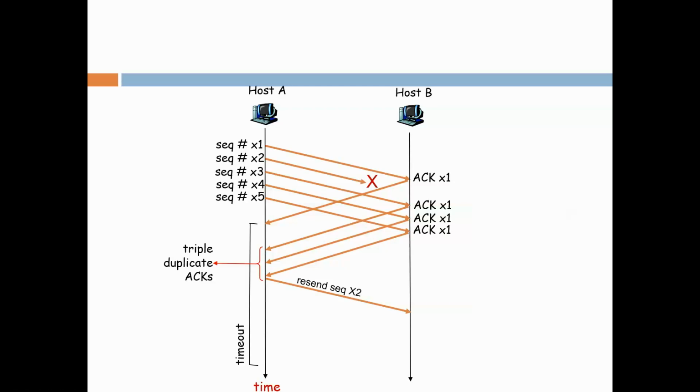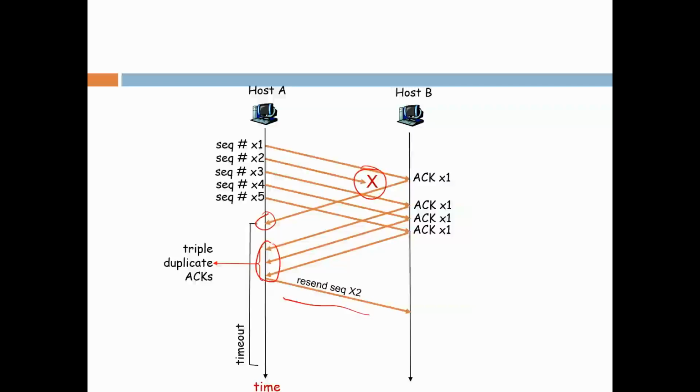And so now host A receives 4 acknowledgements carrying the same number: the original acknowledgement for the first packet and 3 duplicate ones. Once A receives 3 duplicate acknowledgements, that means it receives 4 acknowledgements for the same number after each other, it will indicate that there is a problem. It will indicate that the packet has been lost, and so it will resend the packet.